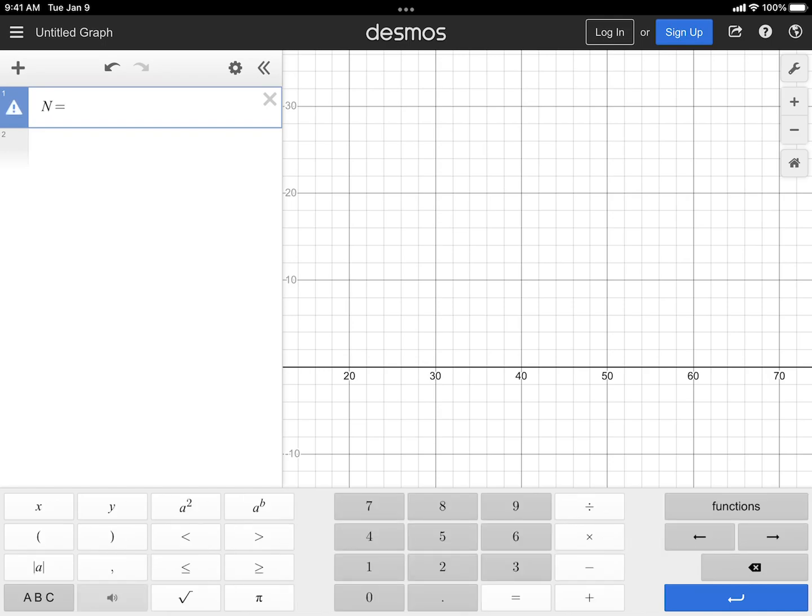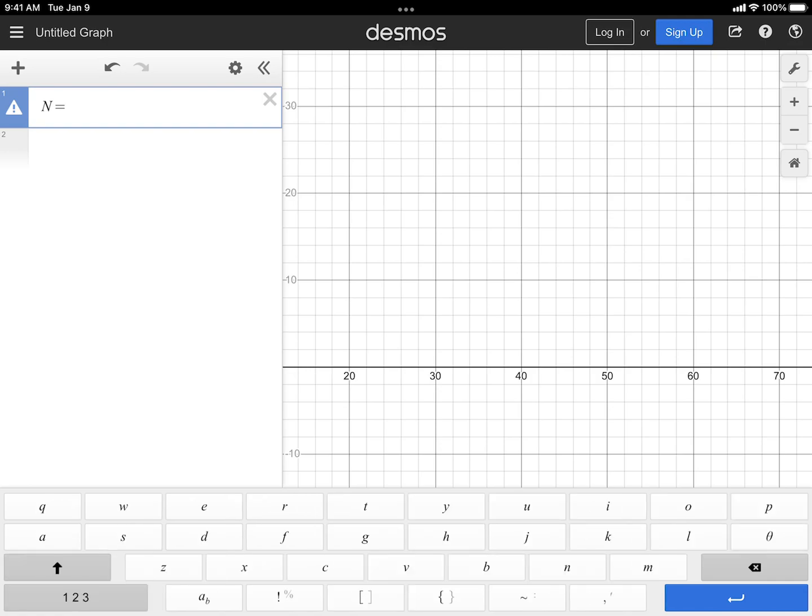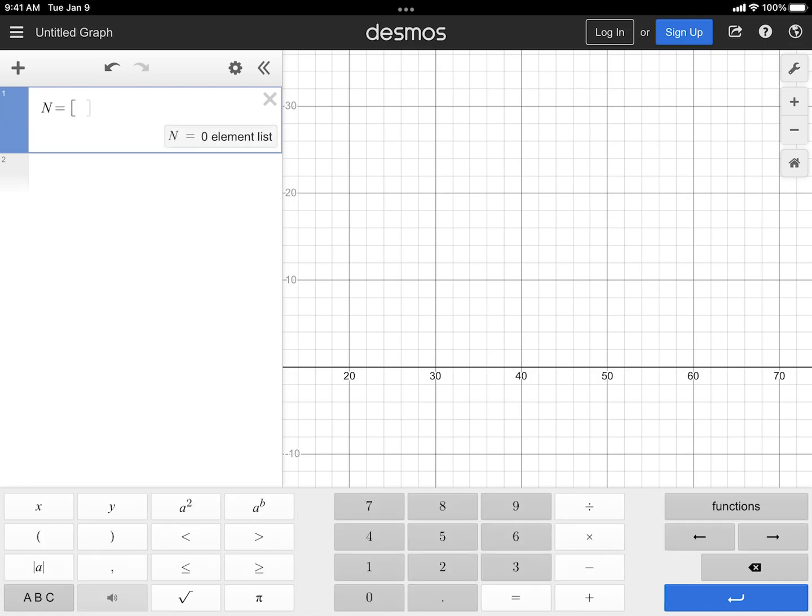This is basically telling us how many numbers are in our sequence, and we don't need an infinite amount of numbers. We just need to see what the pattern is. So let's just do 100. We can do 0, 1, 2, and then ... 100. So it's 101 elements. This is telling Desmos I have 101 numbers in our sequence.